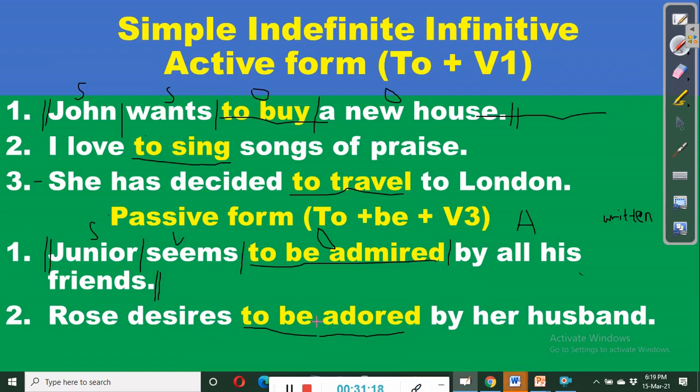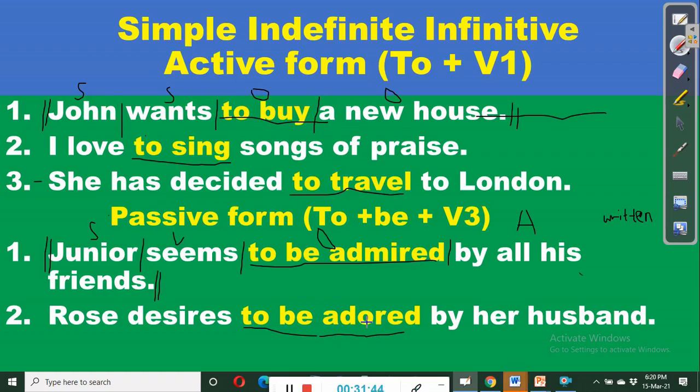Again, Rose is not the one adoring her husband. She is the one that the husband is adoring, and what is passive here is actually the infinitive. All right. To be adored is different from to adore.